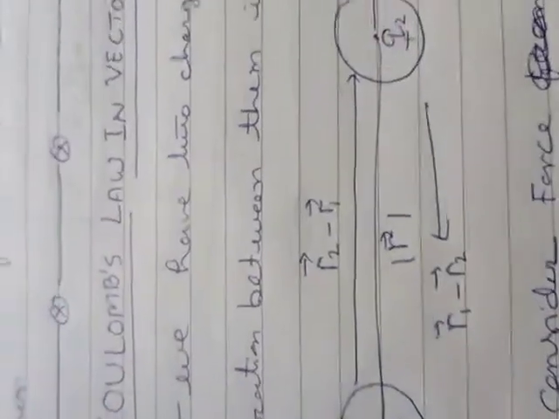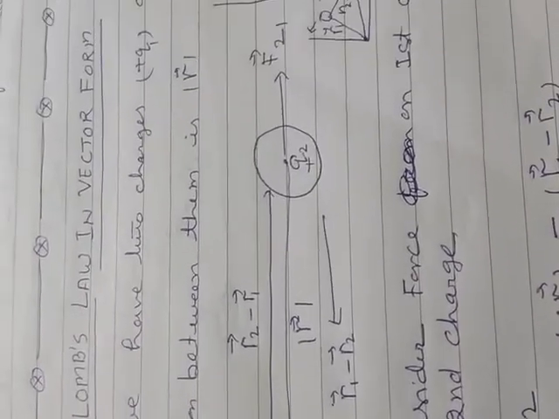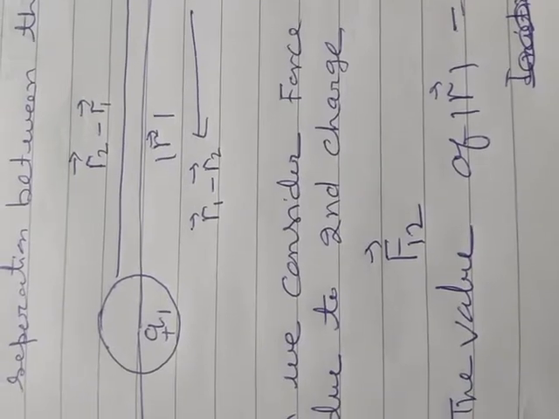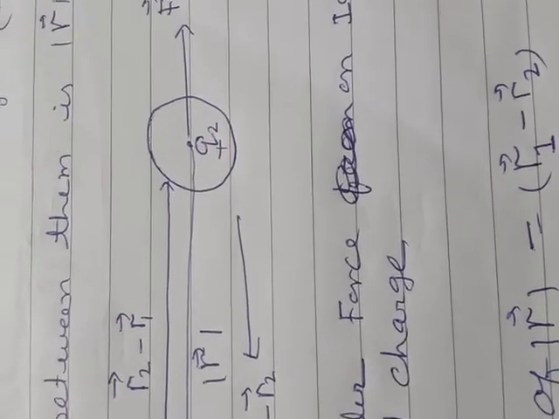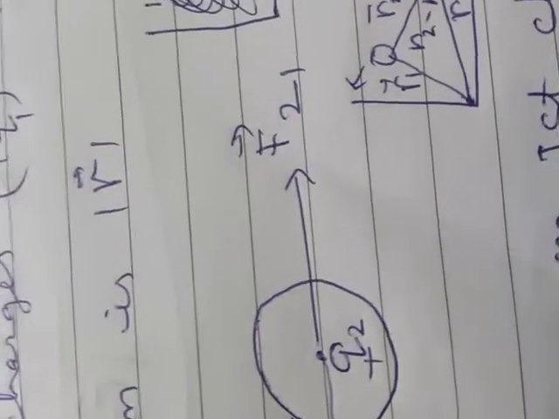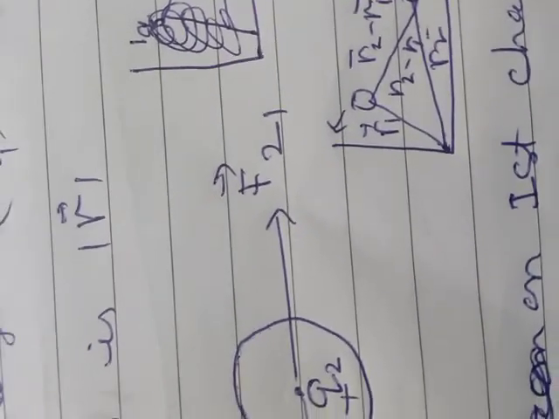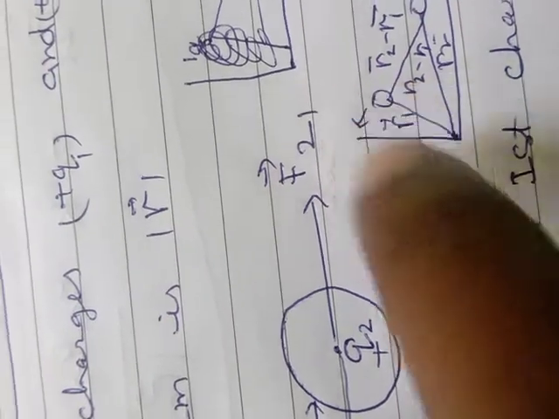Okay, now when we consider the force on the first charge due to the second charge, then we should write here F12. The value of r is equal to r1 minus r2. We have little knowledge of the vector forms. Let us suppose this is the origin, and there is a first charge q1 and there is a second charge q2.